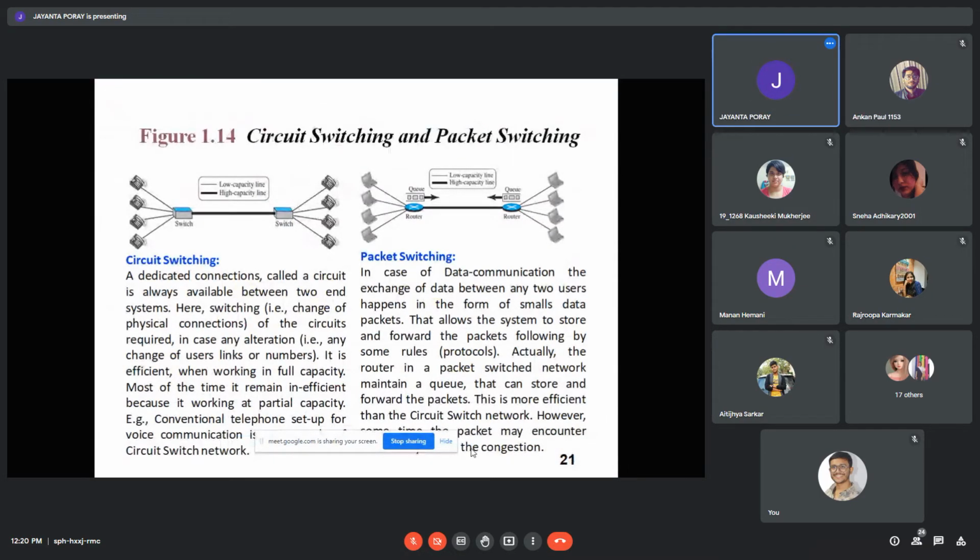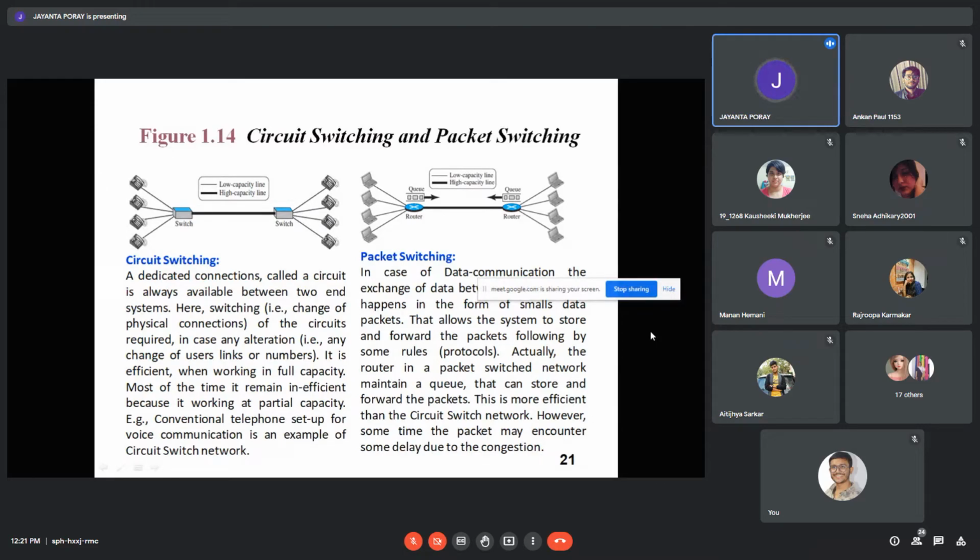So the circuit switching, packet switching. Maybe I can discuss this quickly. In case of circuit switching, you actually need some dedicated circuit, and we are switching the circuits to facilitate these communications. In conventional telephonic communications, we are using a circuit switching network.